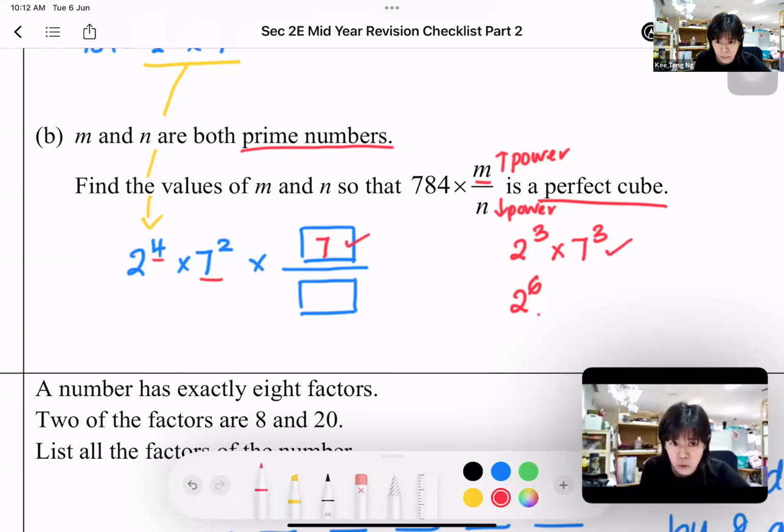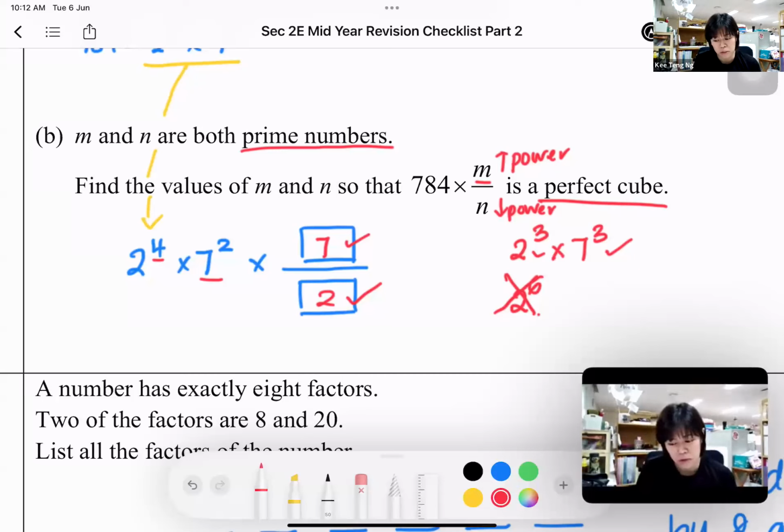I reduce the power, divide it by 2, which is also a prime number, and make it become 2 cubed. So in this case, this answer works, 2 cubed and 7 cubed. But usually most of you during exam will be able to come up with the 2 cubed and the 7 cubed. You'll look at it directly because you usually don't move more than 1 power.